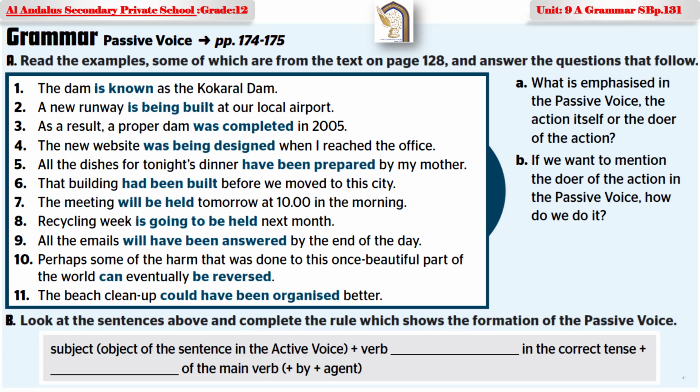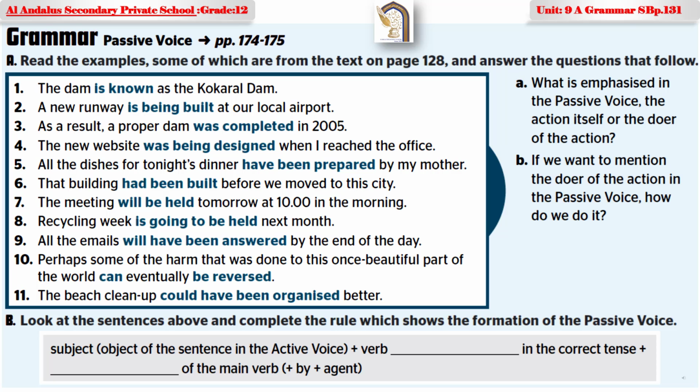Gentlemen, at this stage of the lesson, I would suggest that you stop the video for 3 minutes so as to read the sentences carefully, and please focus on the highlighted passive forms. Now we can try and answer the following questions. Then we can work out the rule together.